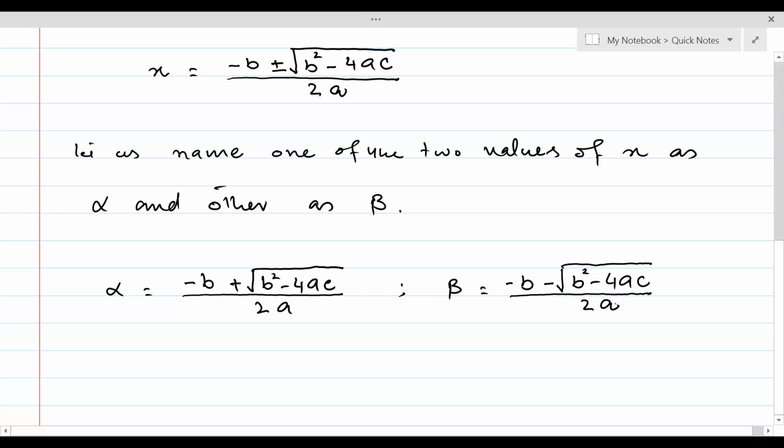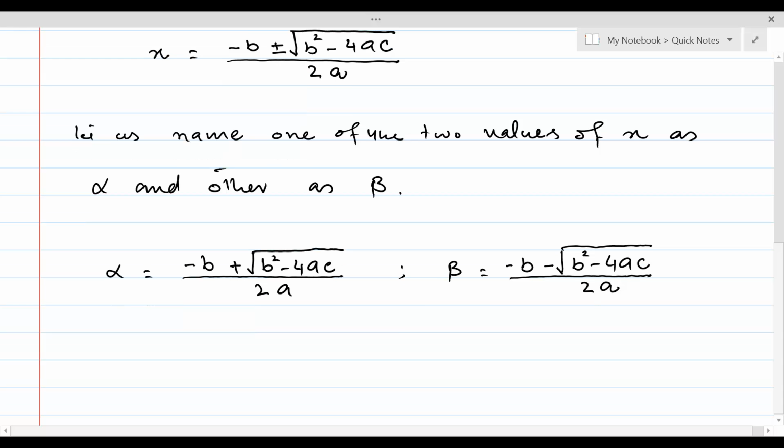That is clear because there were two values of x and we have named each one separately. One has the positive sign and the other the negative sign.